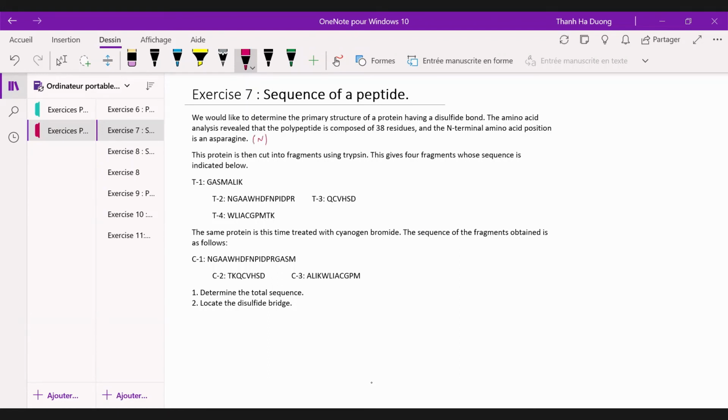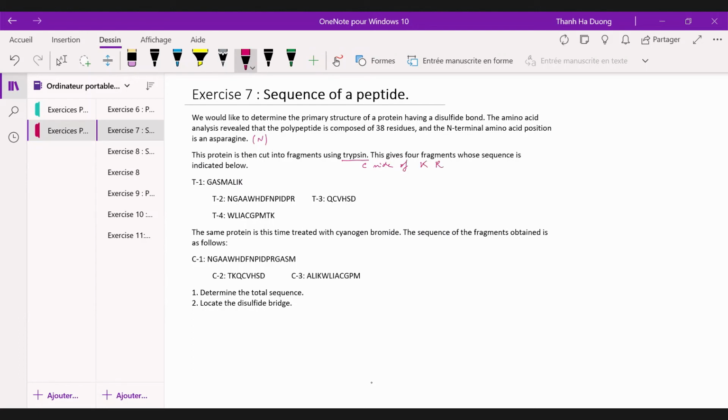This protein is then cut into fragments using trypsin. So trypsin will cleave the peptide on the C side of lysine or arginine.